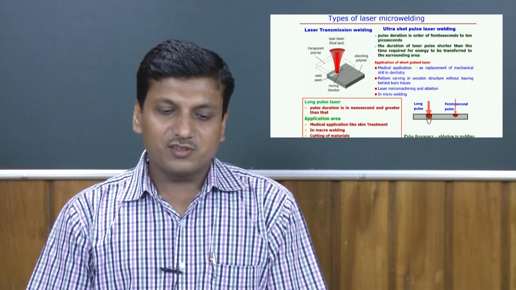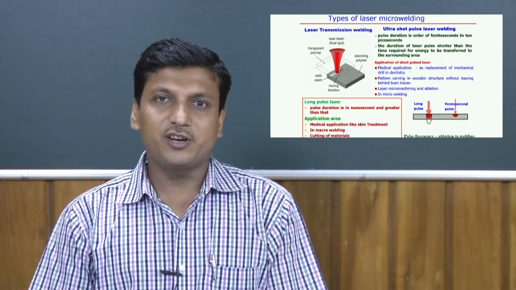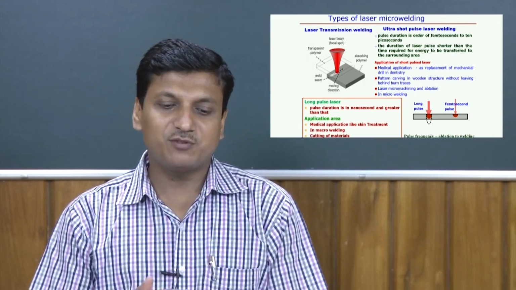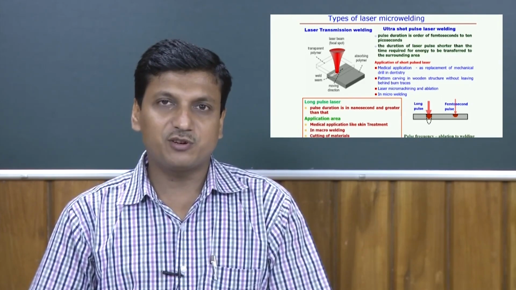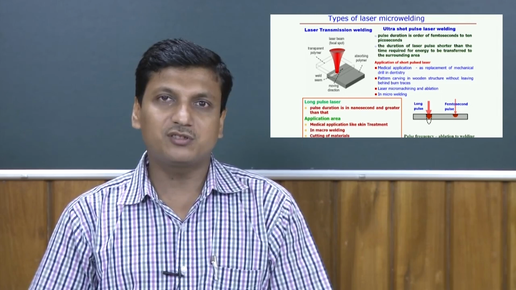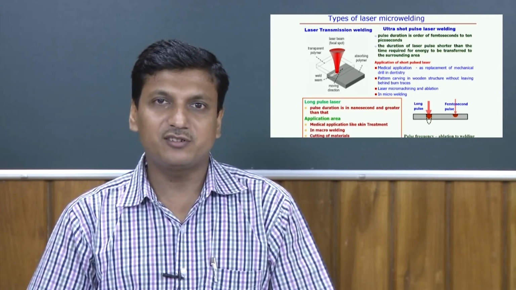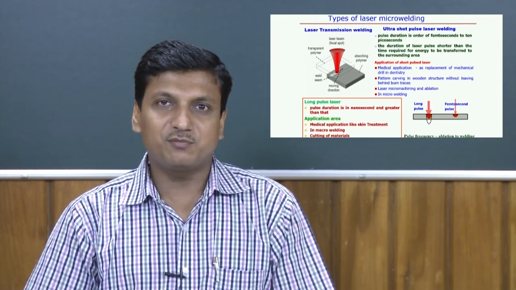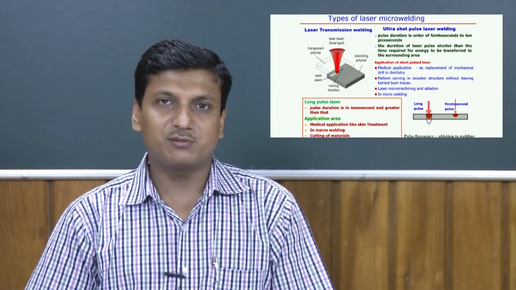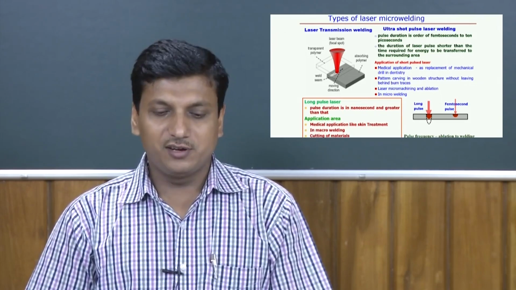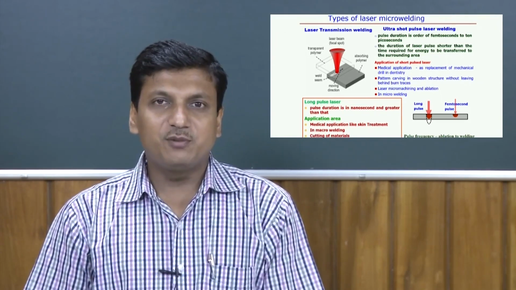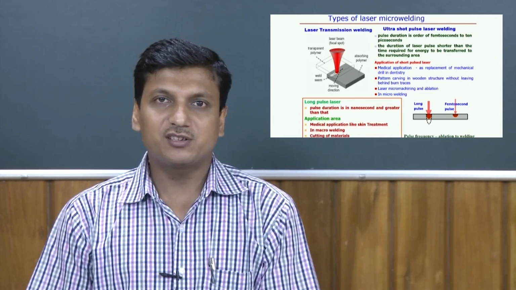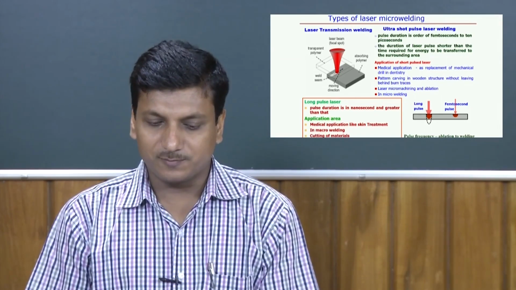At the same time, laser transmission welding is possible between a polymer and a metallic material. The first layer, the polymer, is transparent to the laser, and the second, the metal, is chosen such that it absorbs the laser energy, and there is interface melting between these two substrate materials, and then we can form the weld. This is the typical mechanism of laser transmission welding, and we find this type of welding process in several micro welding applications.